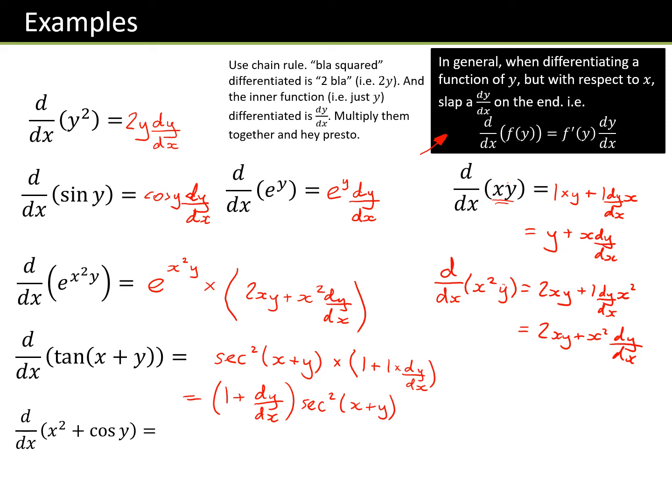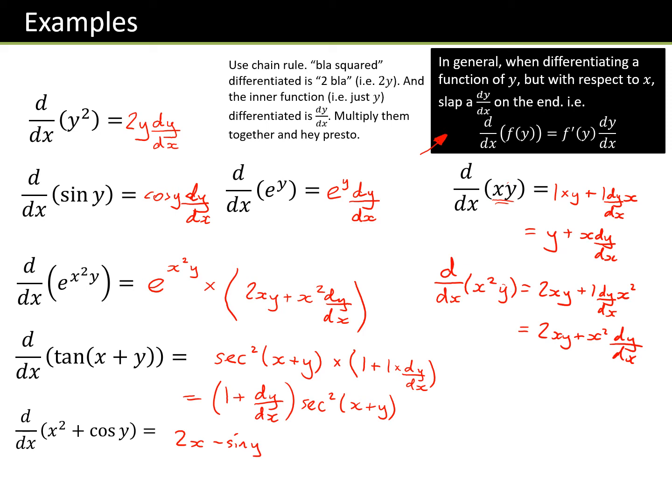Okay, and now the last one. If anything, this one's easier than a couple of the last ones. So x squared differentiated with respect to x is 2x. Cos y differentiated with respect to x: it's not the same letter, so it's implicit differentiation. So cos y, just differentiate it normally, you'd get minus sine y.